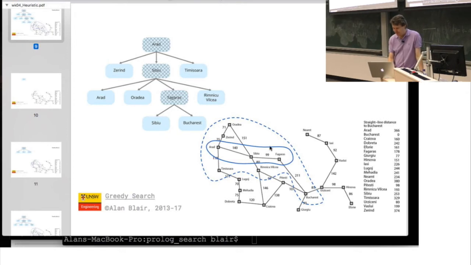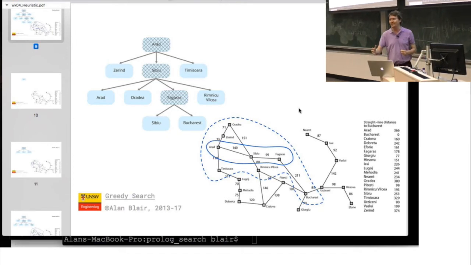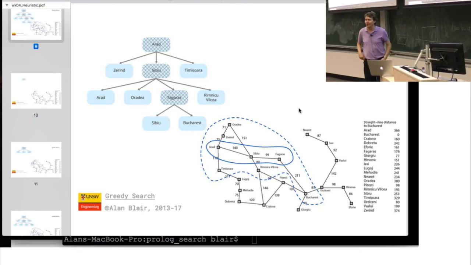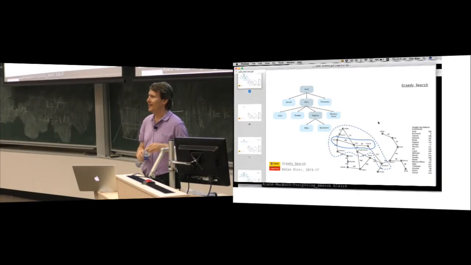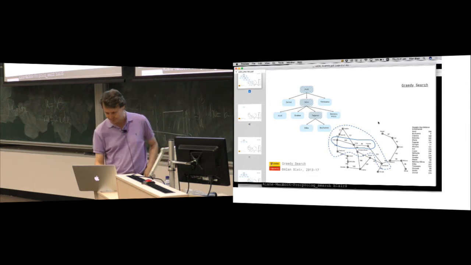The reason it's called greedy search is it always tries to get as close as possible to the goal as fast as possible. We think of it as trying to bite off the biggest piece of the problem that it can in one bite. So when it's here, in one go it can jump here, so it prefers that over this.